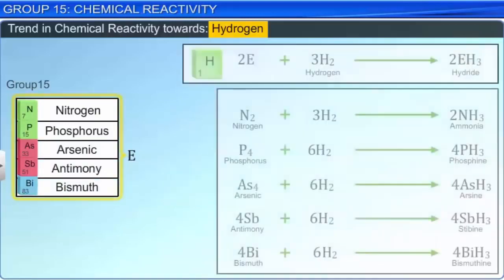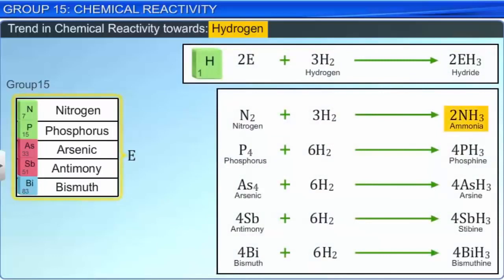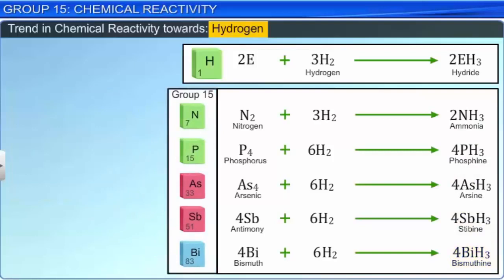They are named as ammonia, phosphine, arsine, stibine and bismuthine. Let us now study the gradation in chemical reactivity of these hydrides with respect to stability, reducing power, basic character and boiling and melting points.